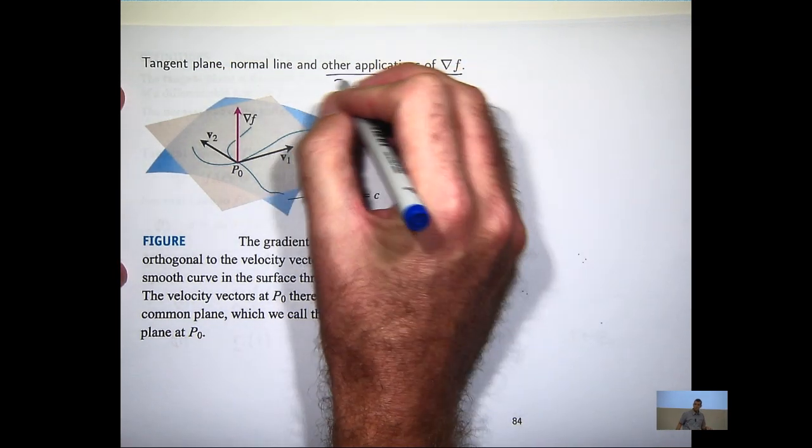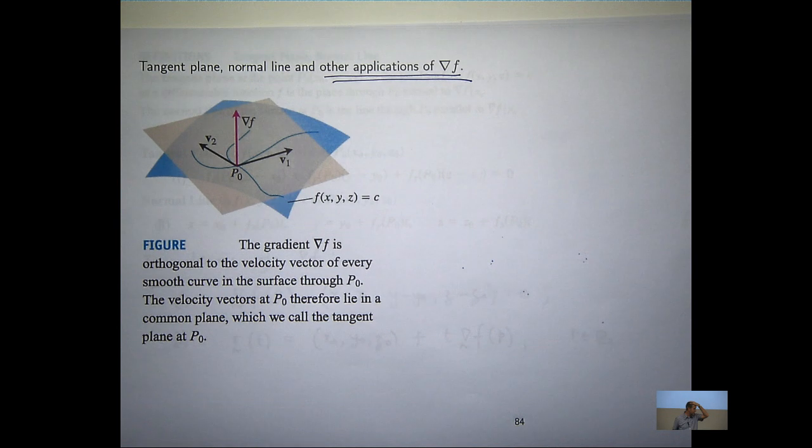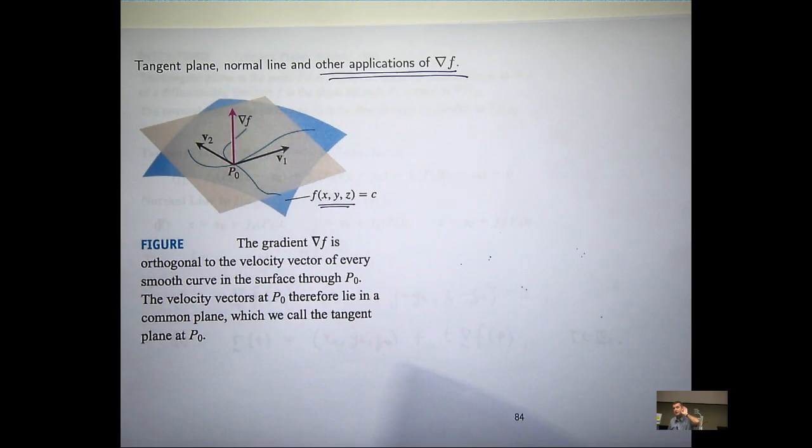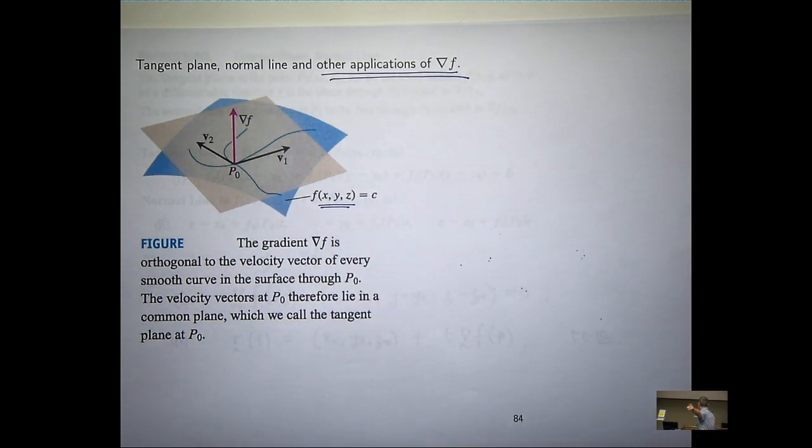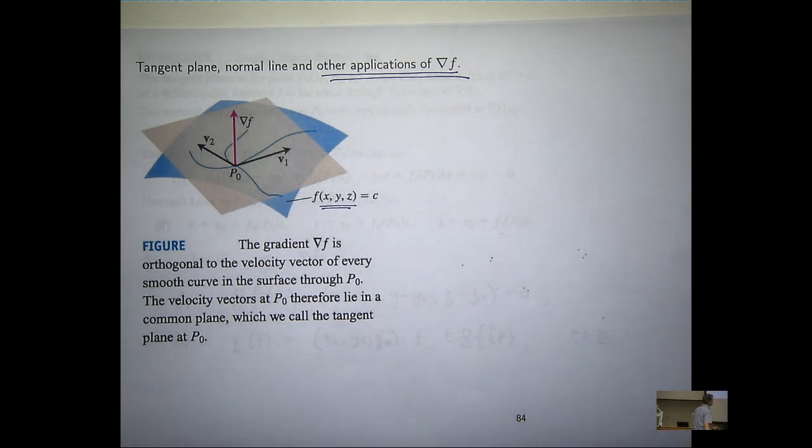Now let's move on to some nice uses of this gradient field, grad f, or nabla f. For surfaces, here's a function of 3 variables. We can get a surface, just think of it as one particular level surface of f of x, y, z.